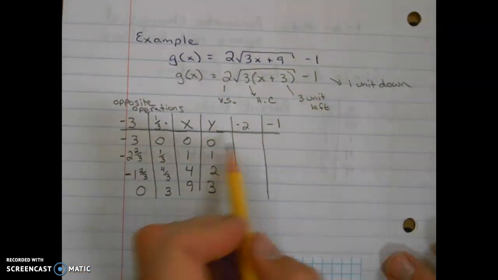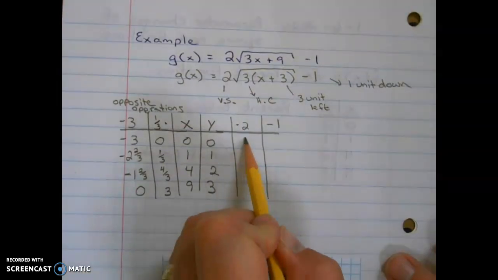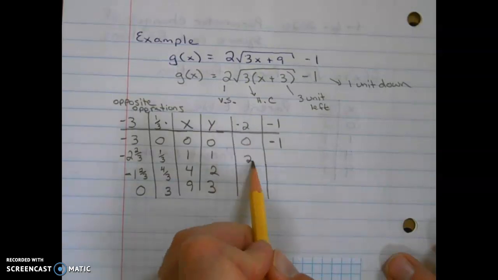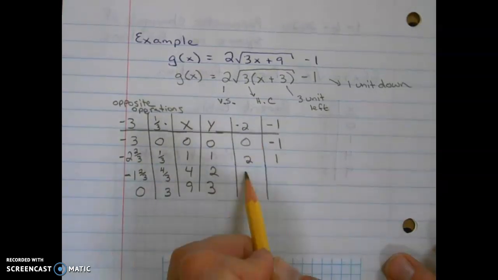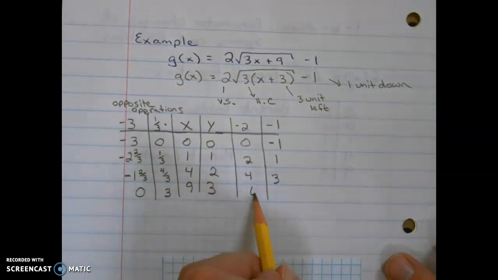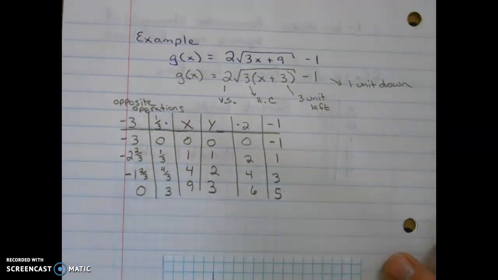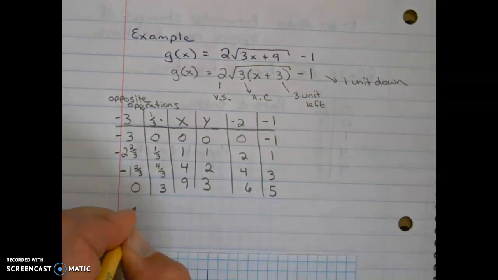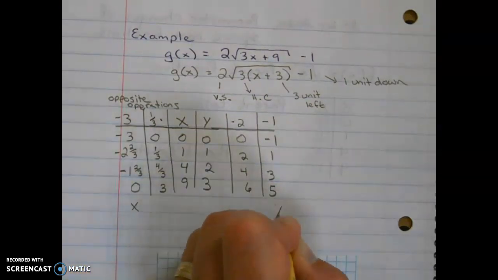Let's do the same thing on the other side. Multiplying, subtracting. So our new coordinates are going to be: this is going to be our new x, and this is going to be our new y.